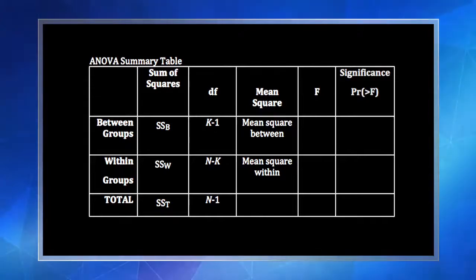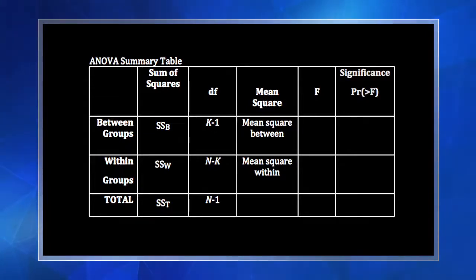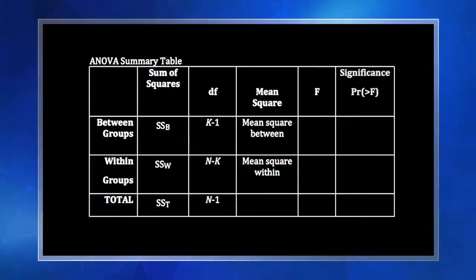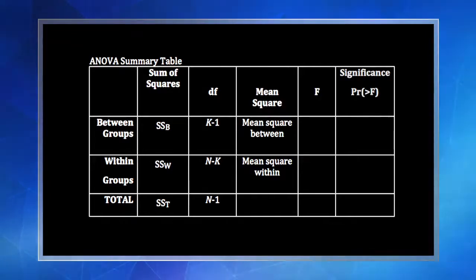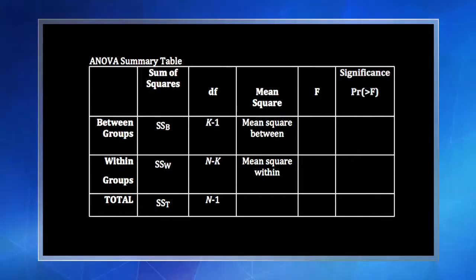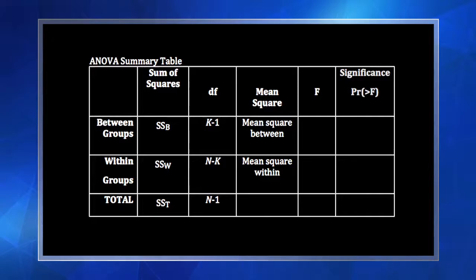Now look at the third column. That's where your degrees of freedom are, k minus 1, n minus k, and if you add both of those, you get the total degrees of freedom, which is n minus 1. And that fourth column is the mean square, between group and within group. And then notice our F ratio is located in the last column.